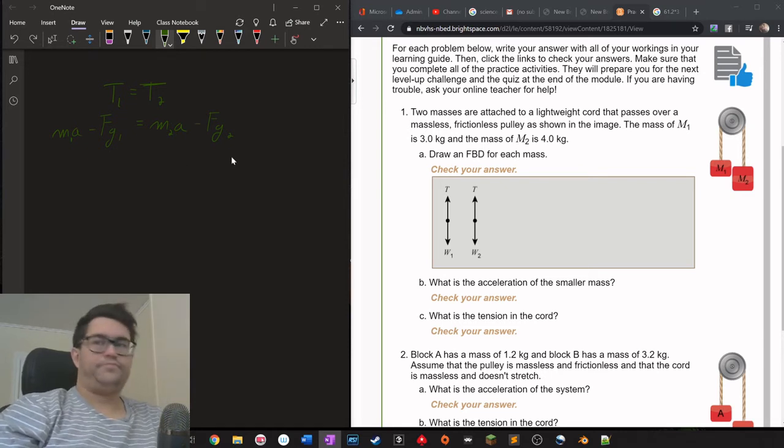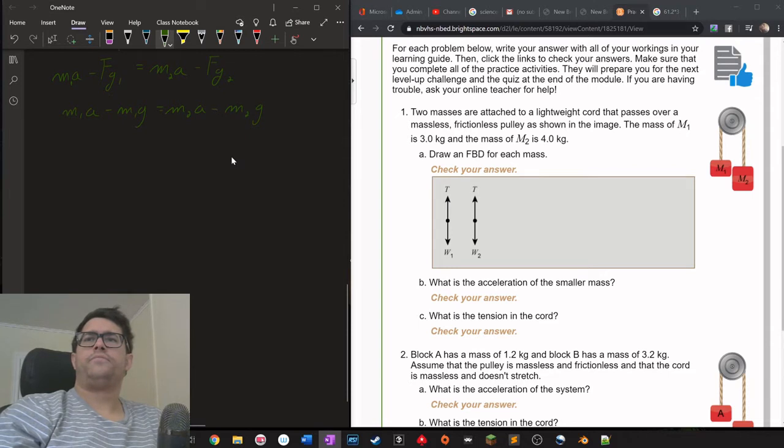Oh, wow, I find this overly complicated, but also right. M1G is equal to M2A minus M2G. So M1A minus G, remember this, and M2A minus G.